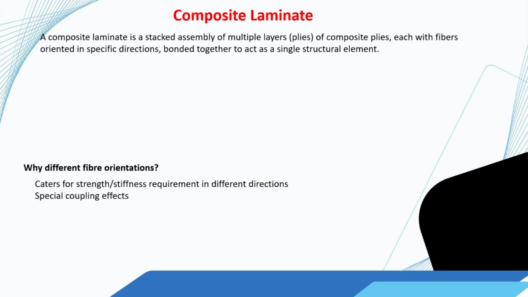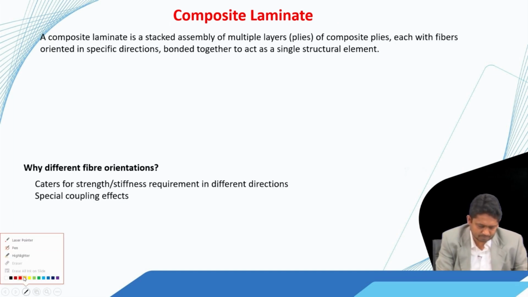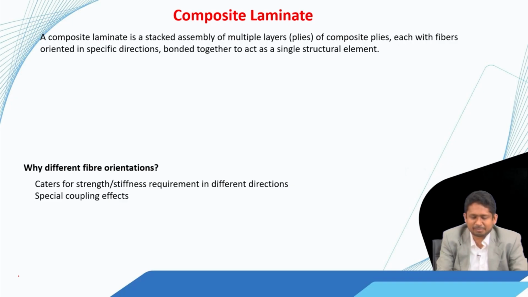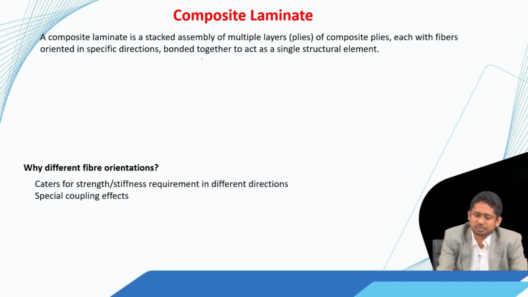A composite laminate is a stacked assembly of multiple layers of plies, and each layer can have different fiber orientations, and these plies are bonded together to act as a single structural element.